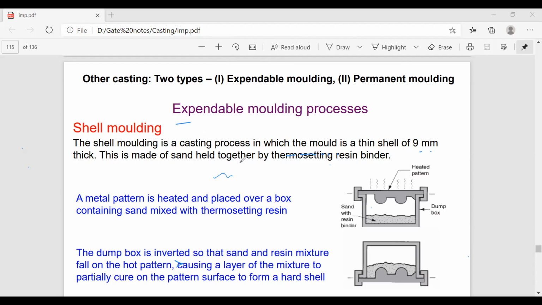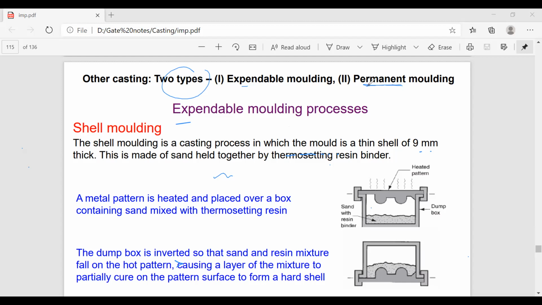There are two types of castings: expendable molding and permanent molding. In expendable molding, the mold is not permanent. It gets dissolved, or it is of no use after making a casting out of it, right?